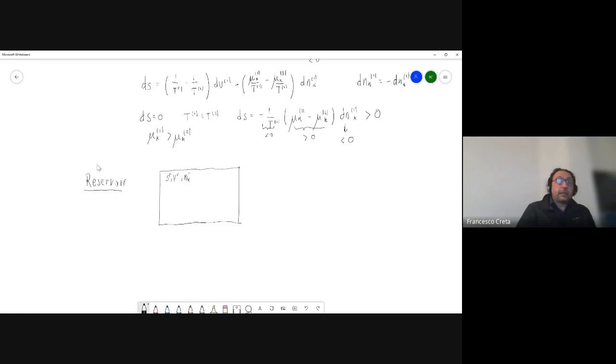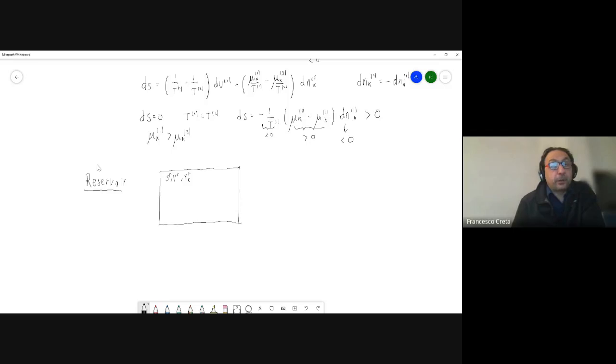I just put here a superscript R to underline the fact that these are the reservoir conditions, or conditions corresponding to this big system here, which is a reservoir. So it's in a sense an infinite composite system.